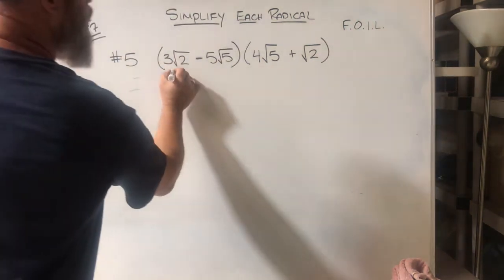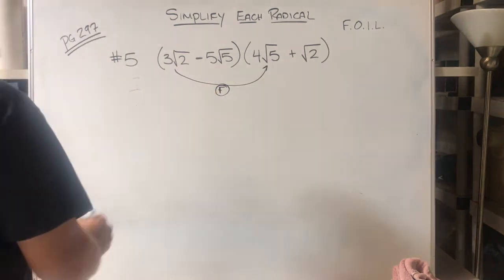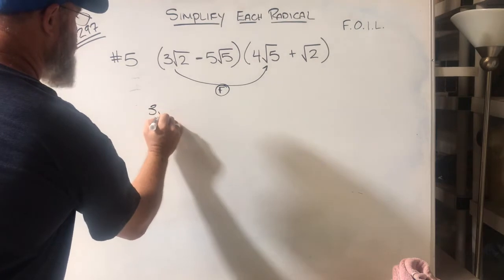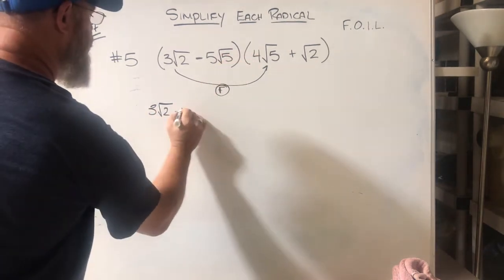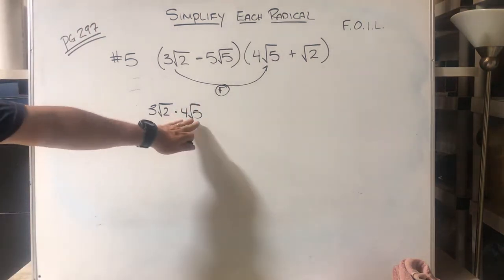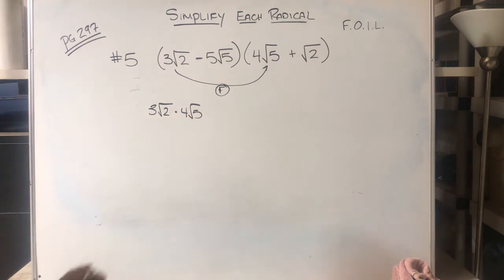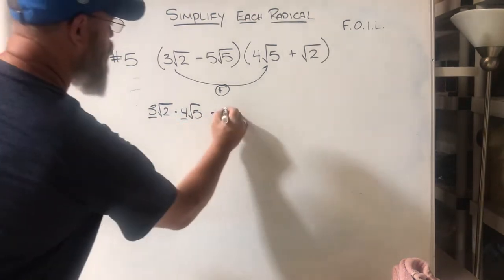So we're going to multiply the first, that's our F. So that is 3 times the square root of 2 times 4 times the square root of 5. And when we multiply radicals, we multiply the coefficients first. So we have 3 times 4, that's 12.